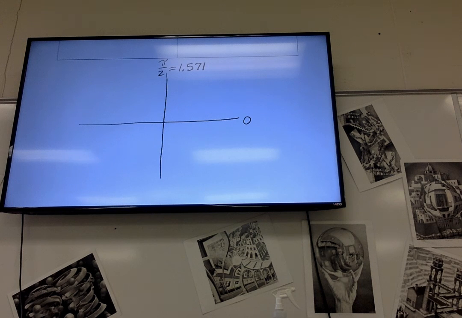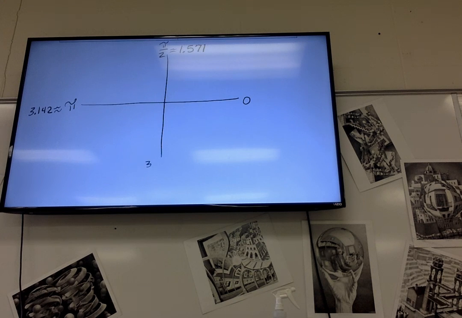Does anybody remember in radians what 180 is? Is it 2? No, it's just pi. Yeah. So what is pi? 3.14. So it's 3.142 approximately.